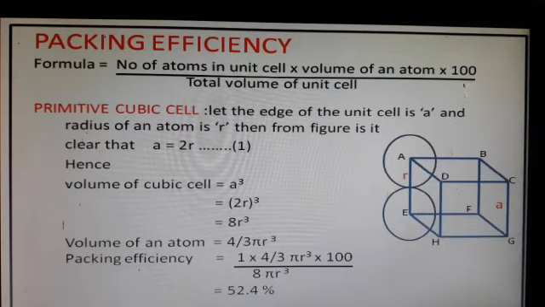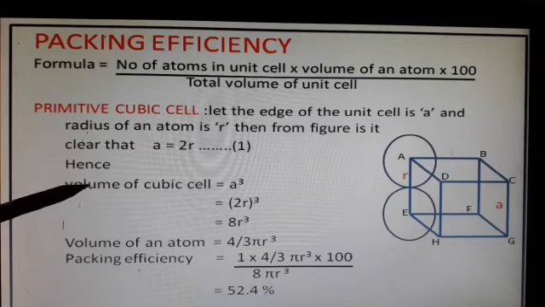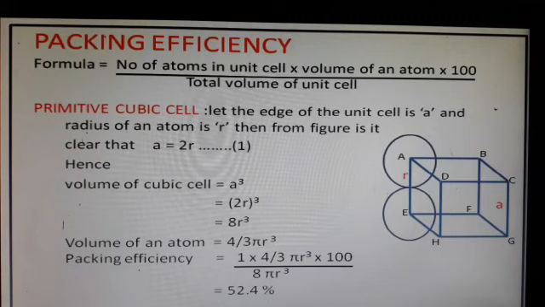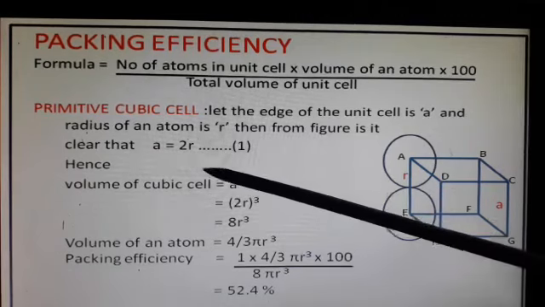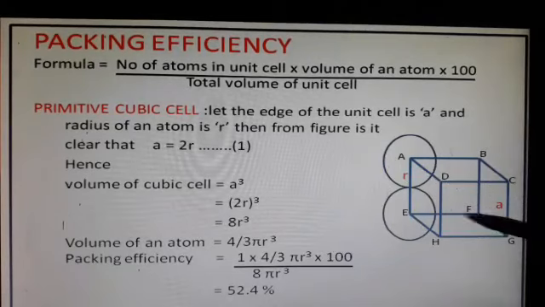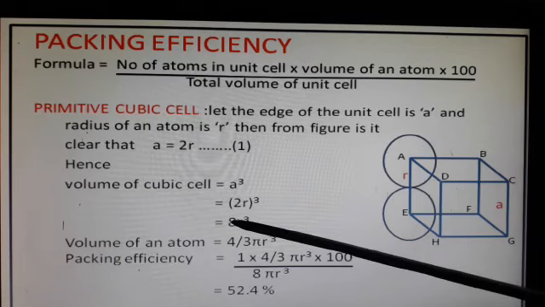So simple, A is equal to 2R. Hence volume of cubic cell, we know volume of cube is A cube, and the value of A is 2R. So this will be 2R cube, total is 8R cube. This is the volume of cubic cell or unit cell.